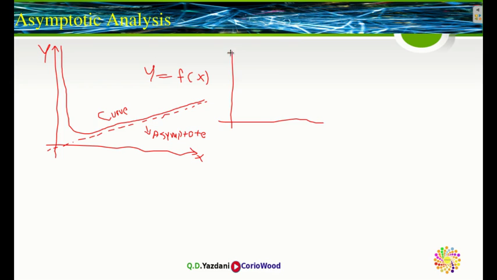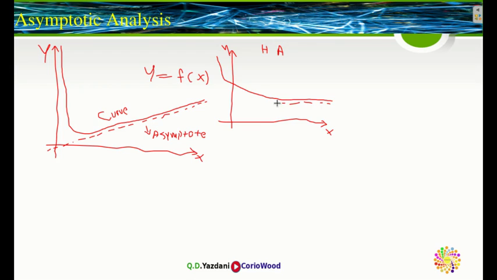That's going to be your y-axis, and that's your x-axis. Here we are talking about horizontal. The horizontal asymptote comes from the y and goes towards x infinity, and the curve comes along like that.